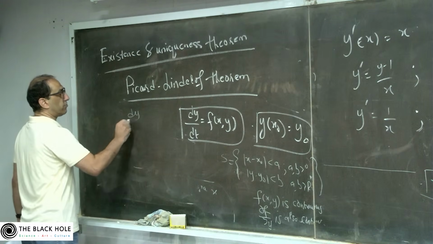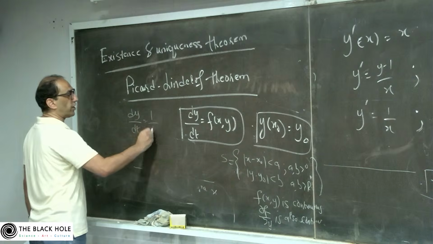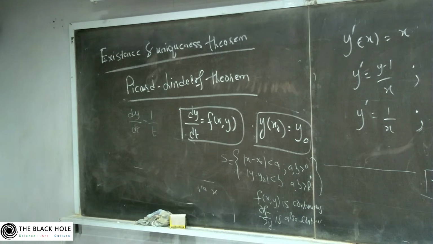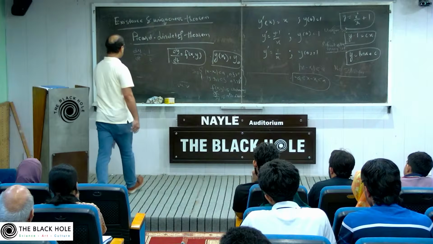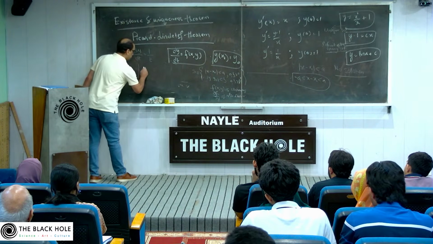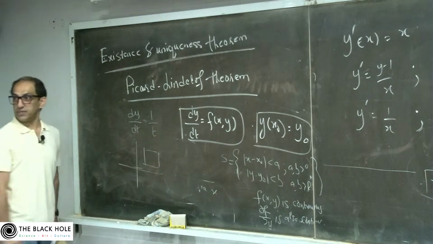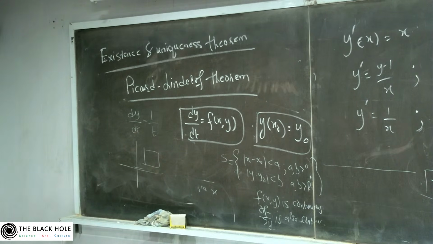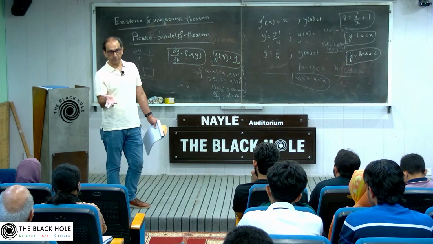Because let's say I write down dy by dt is equal to 1 over t, so I know that at t equal to 0 there is a singularity. But I can always choose some region away from this where I do not have to deal with this. So the solution would exist, right? So it also depends how you define your interval.